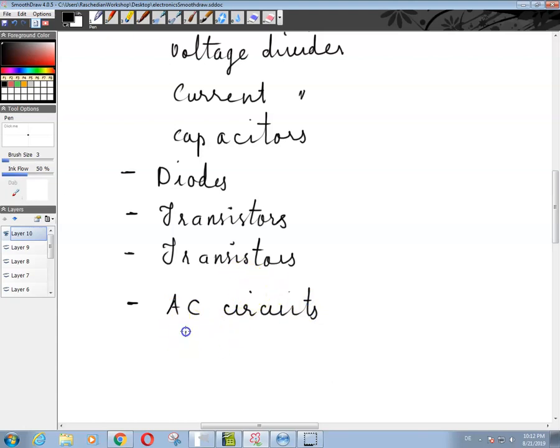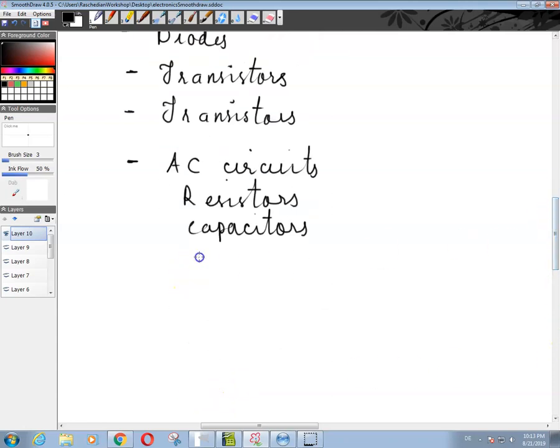So about resistors in AC circuits, about capacitors in AC circuits, about inductors in AC circuits, about resonance, and that sort of thing. The rest of the material is going to be mostly about AC circuits.